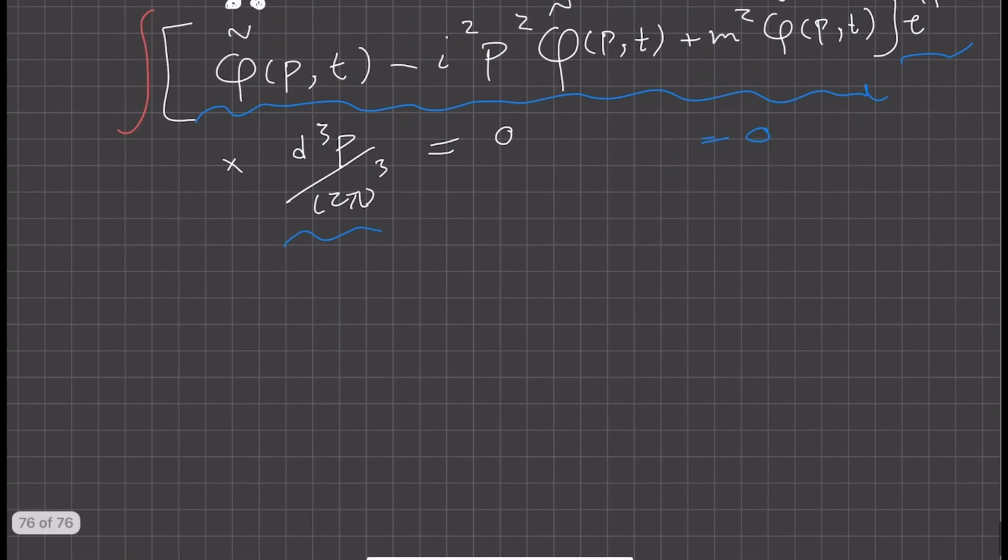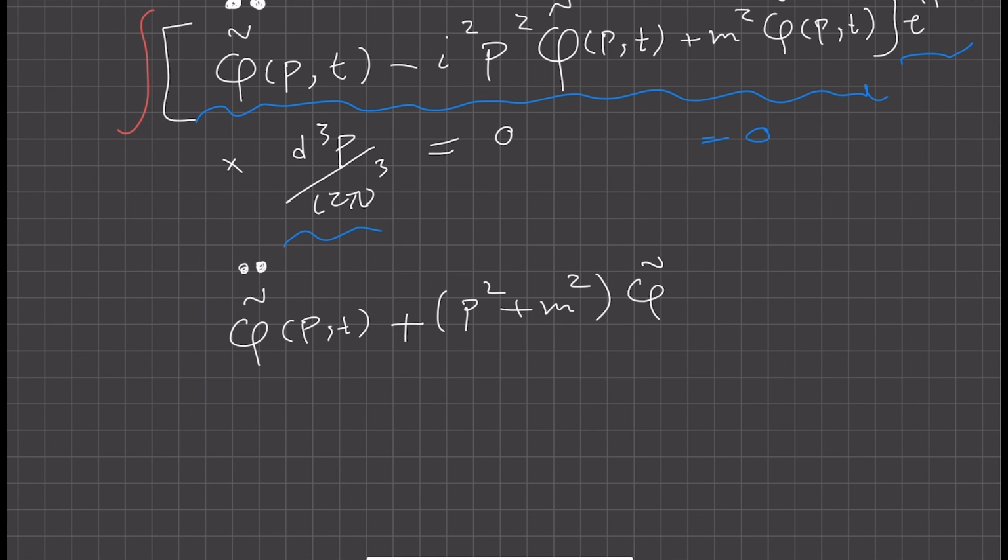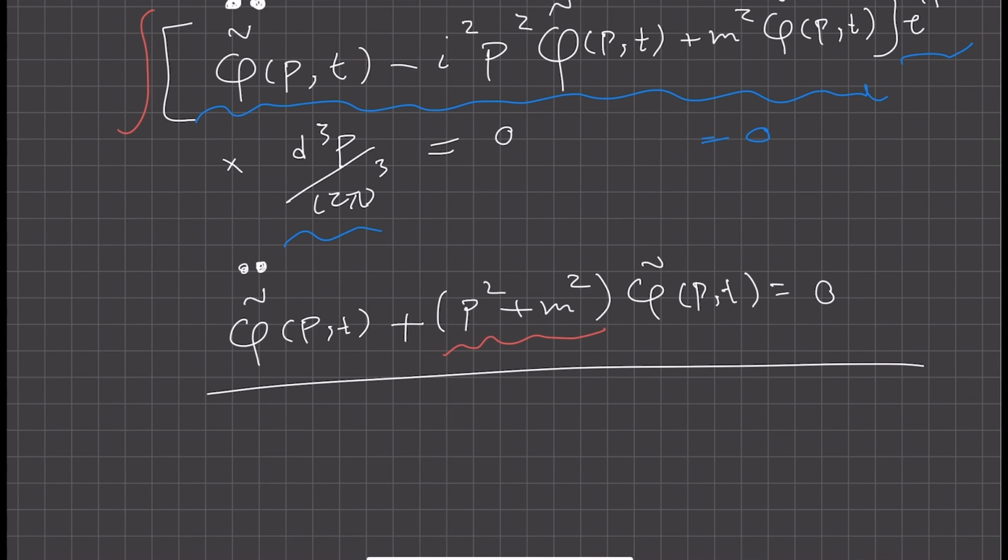So I would have phi tilde of p and t double derivative plus, so now i squared is minus 1, minus with minus is plus, so I have p squared plus m squared of phi tilde of p and t equal to 0. And that's a simple harmonic oscillator. So the Fourier component of it acts like a simple harmonic oscillator, and that is the frequency, the characteristic frequency.